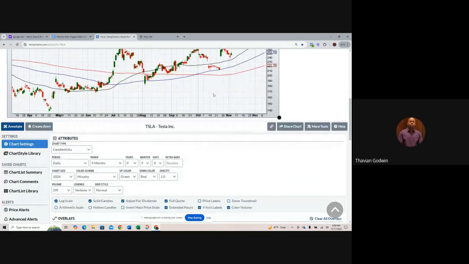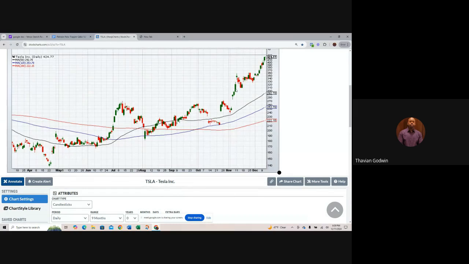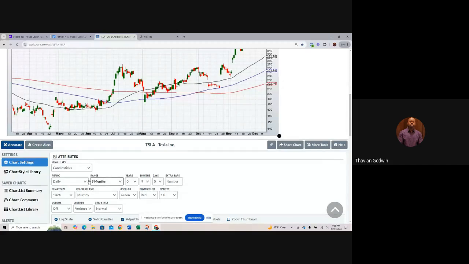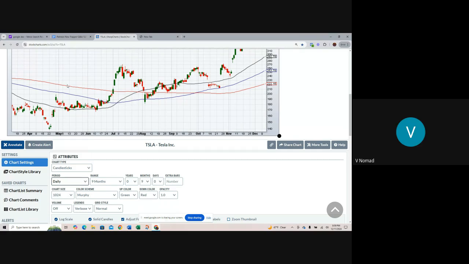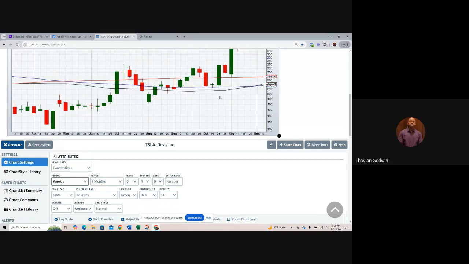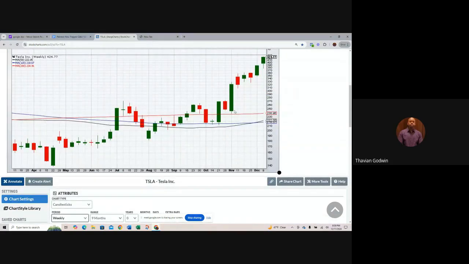For me, I use the daily. The daily is telling you what this candle is doing from the day. Now, if you change this to weekly, it's going to show you what the candle has done in a week.